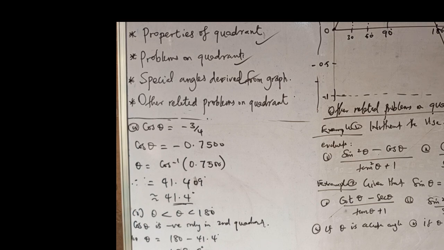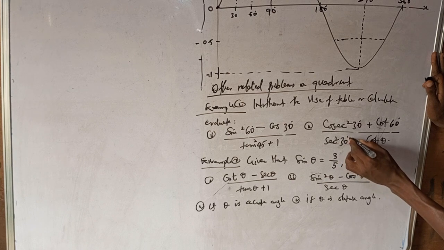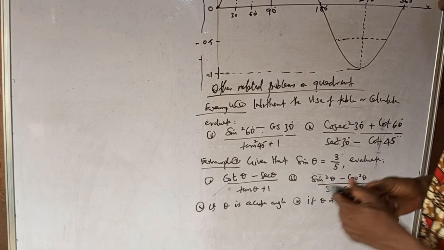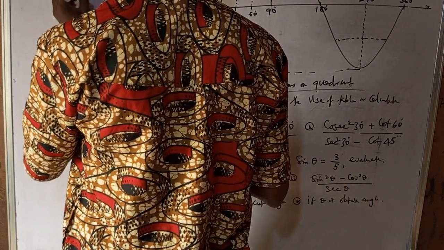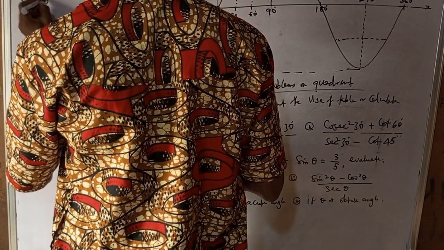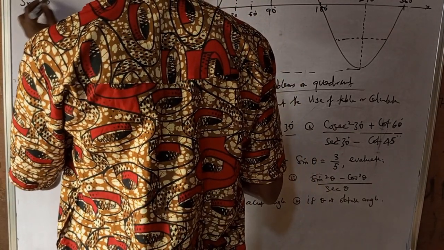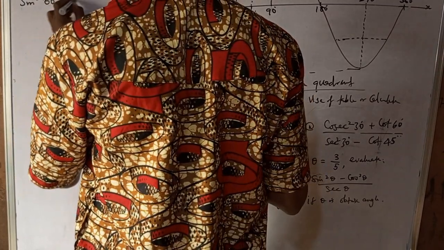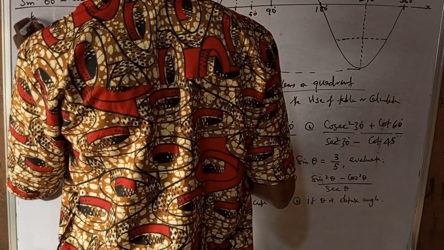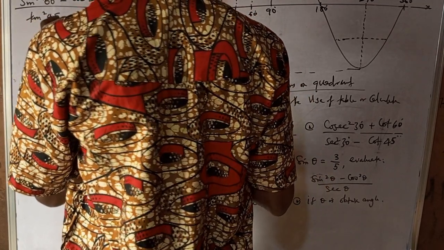Okay, let's look at this example. 30 degrees and 45 degrees. So, solution to the first one. I have sine squared 60 degrees minus cos 30 divided by tan squared 45 plus 1.